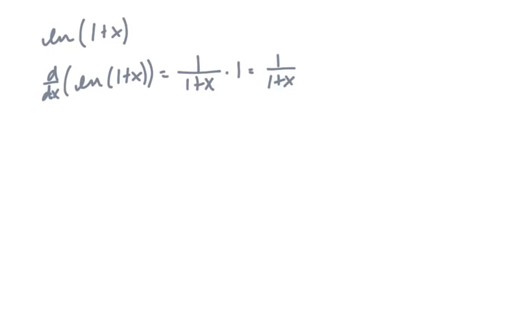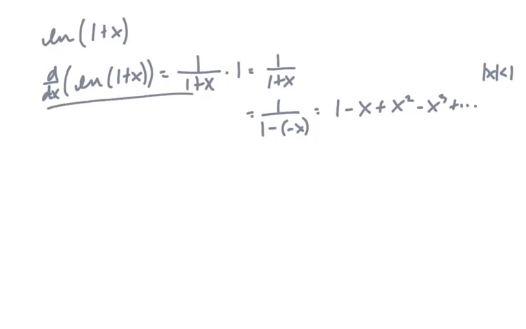Now 1 over 1 plus x can be written in power series form. So we're going to write it in this way, 1 minus negative x. So we know that this is 1 minus x plus x squared minus x to the third plus dot dot dot, when the absolute value of x is less than 1. We know that it's the power series.